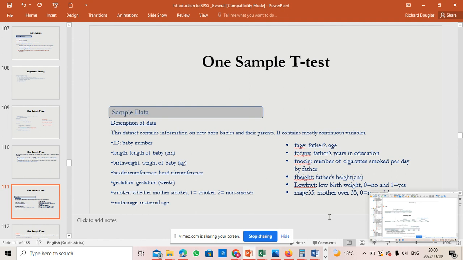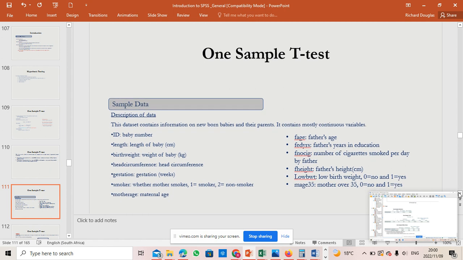Then you have as well the age of the mother, which is dichotomous as well, whether over 45 or not, or below 45, yes or no.